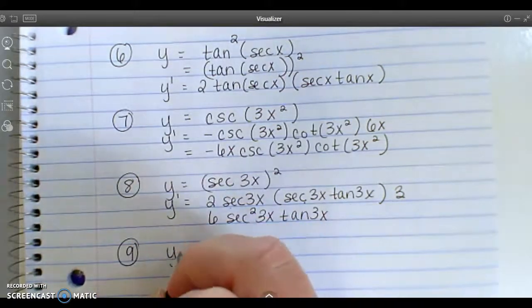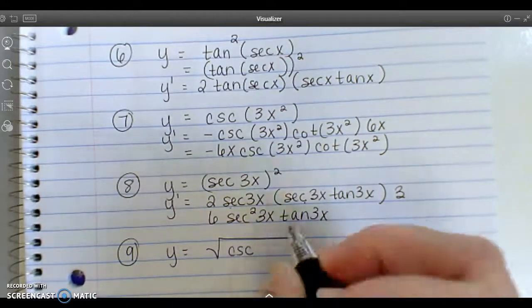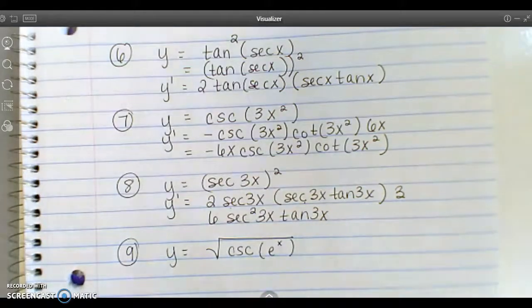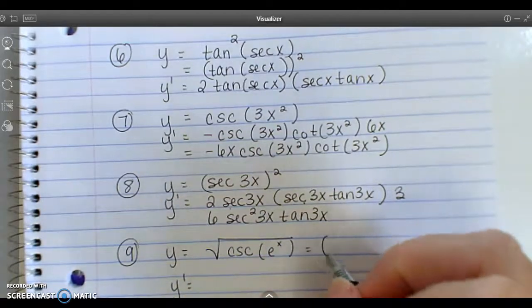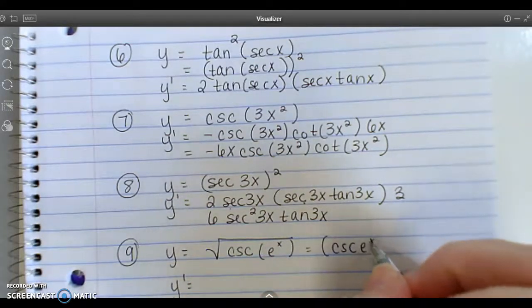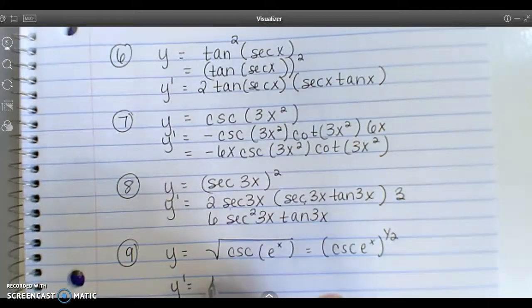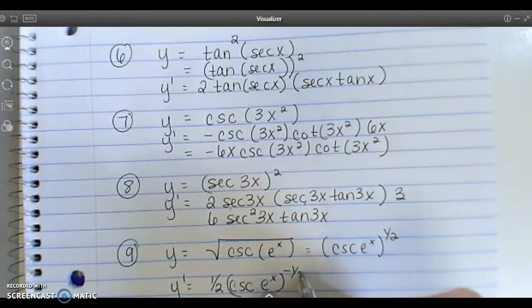Okay, so what if we have square root of cosecant of e to the x? So we can combine all these rules that we've been using. I would think of this as cosecant of e to the x to the 1/2, and then do the chain rule. 1/2 cosecant e to the x, subtract 1, so negative 1/2, times the derivative of the inside.